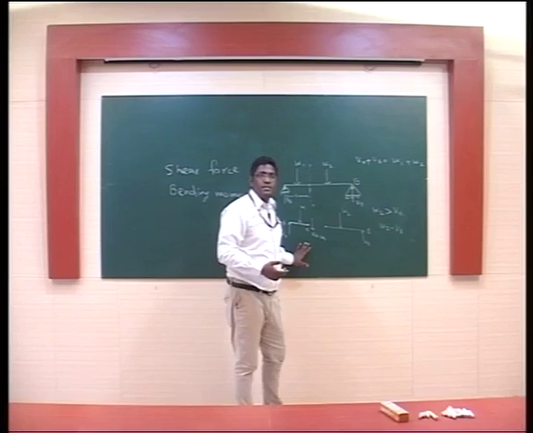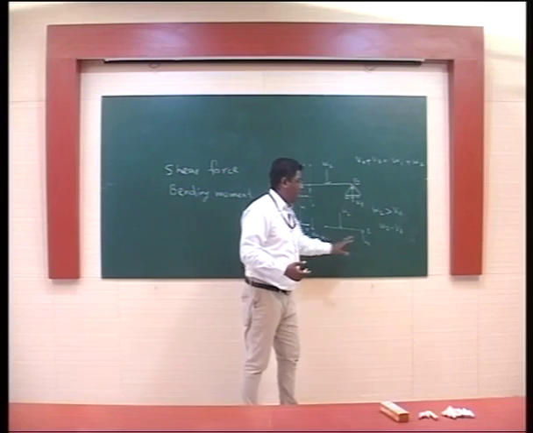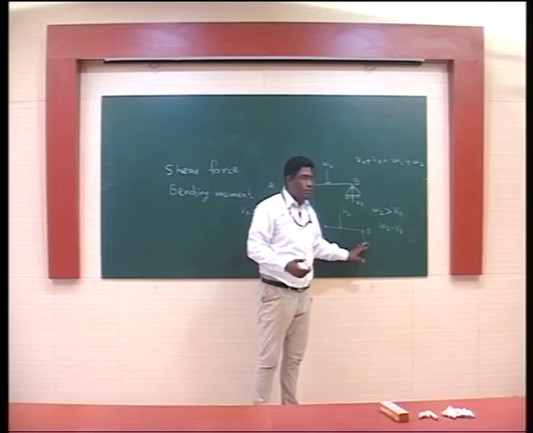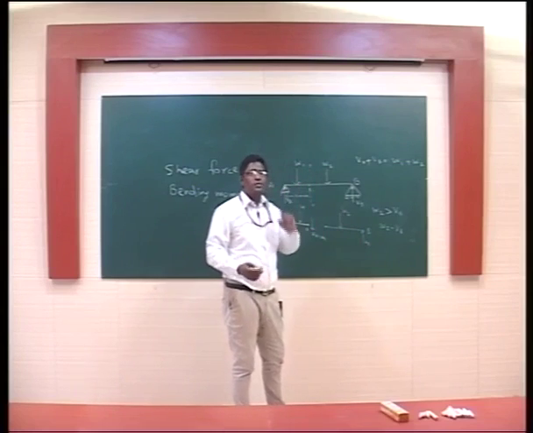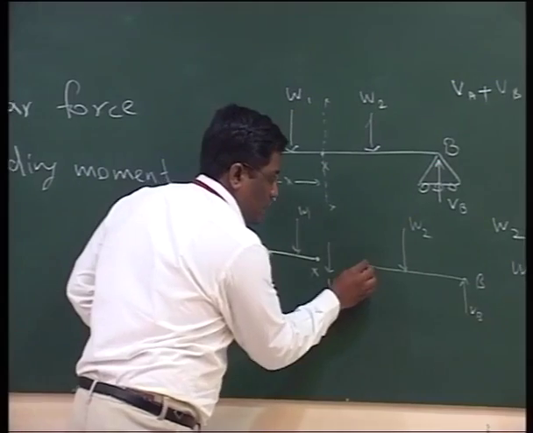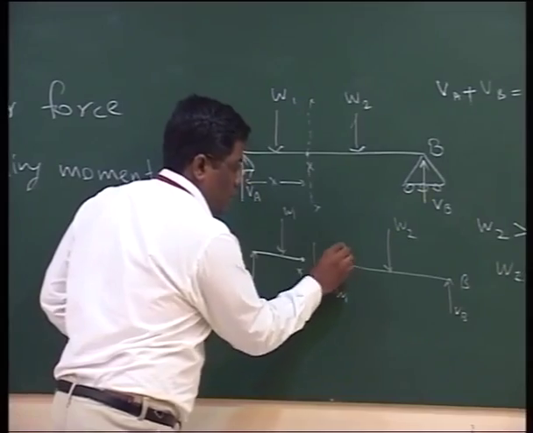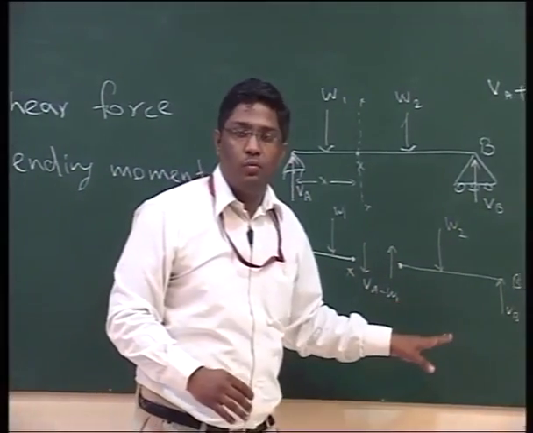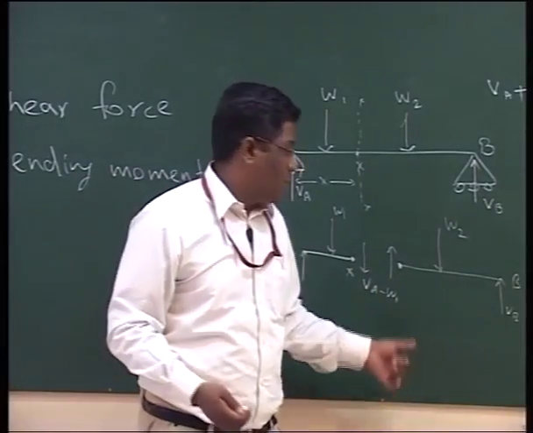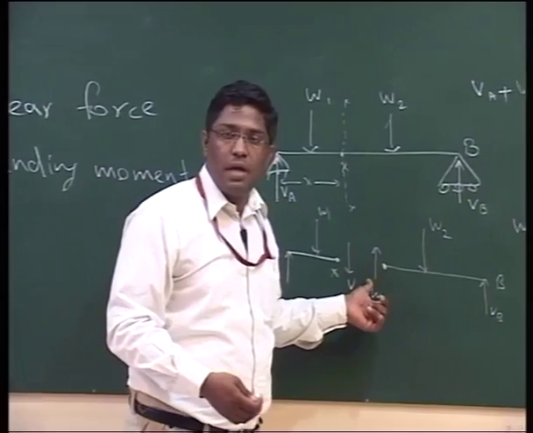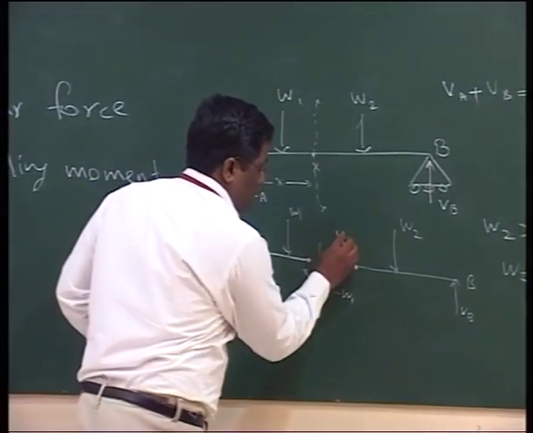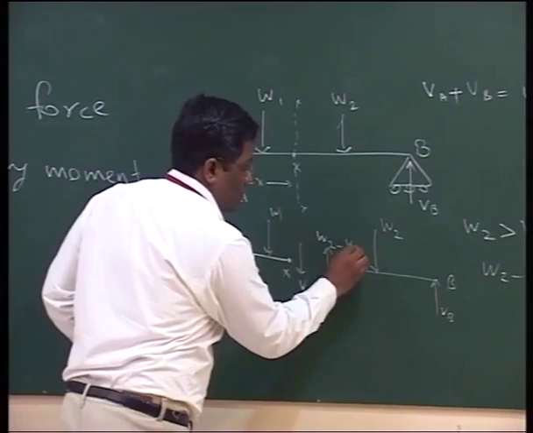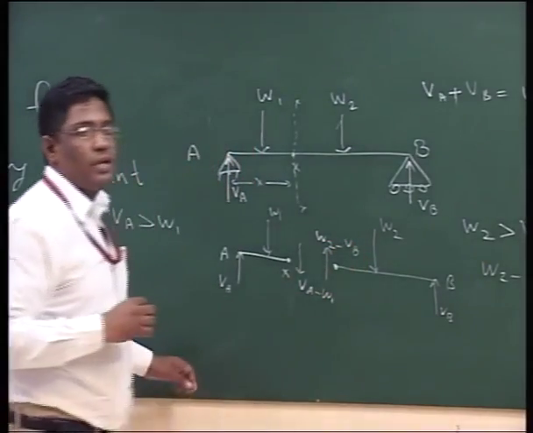So now this particular part is in equilibrium and this particular part is also in equilibrium. So there has to be one force applied at this point, in such a manner that the whole tendency of the beam going downward has to be resisted. That means the direction of this force will be upward, and the magnitude of this force has to be W2 minus VB.